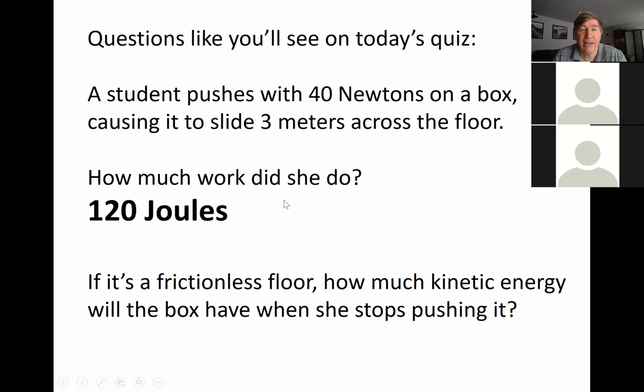Now, if it's a frictionless floor, hopefully you guys agree this gets interesting. So here's a box sitting on the floor. I push on the box and I do 120 joules worth of work on it, and it's a frictionless floor. Think of it as an ice skating rink. Even ice skating rinks actually have friction, but let's say it's a perfectly theoretical ice skating rink.